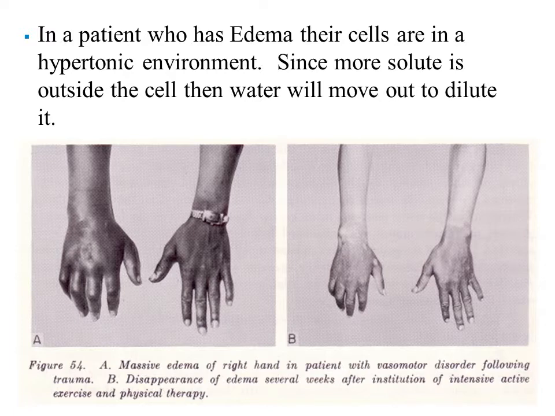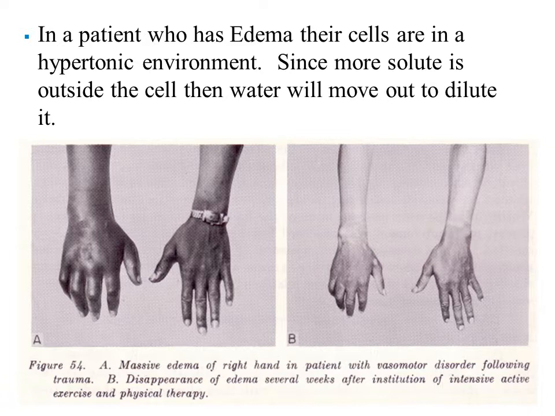In a patient who has edema, their cells are in a hypertonic environment. This means outside of the cell has a high concentration of solute. Let's say salt. Let's say some sugar. It's high concentration.